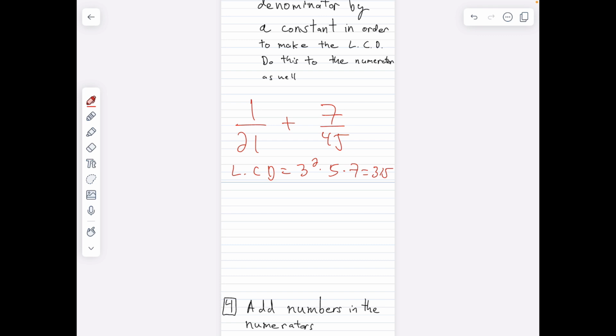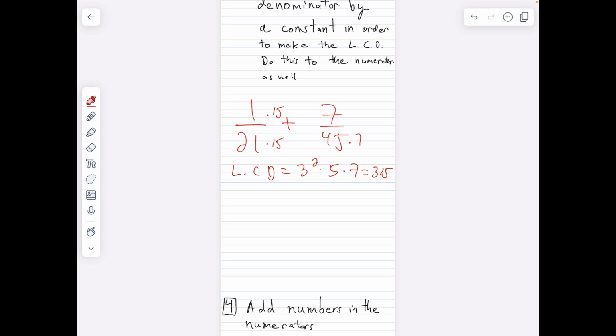And there's a couple ways of doing this. You're going to ask yourself, 21 times what would give me 315, okay? And if you're good at multiplication, meaning you can do it quickly, you would find out that that's going to be 15. So you'd multiply the top and the bottom by 15. And for the 45, you're going to ask yourself the same question. 45 times what gives you 315?